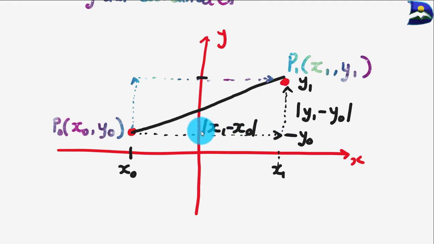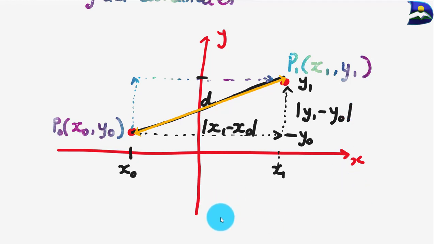This is also stated as the magnitude of the x change, and this is highlighted as the magnitude of the y change, and therefore we can determine our d, which is expressed as the distance between P1 and P naught.